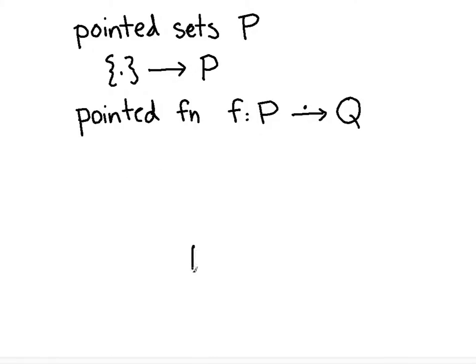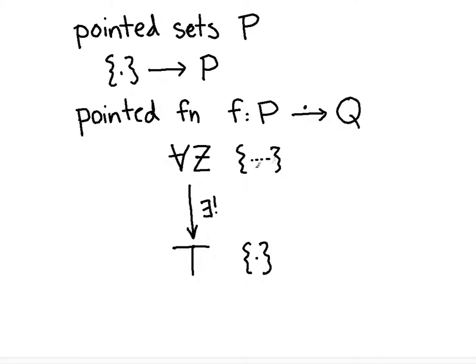So, does this have a terminal object? Well, for every pointed set Z, there has to be a unique function from Z into T. Well, if T is again the one element set, and that's the only thing that could be the special point, well, every set Z is going to have to map to that point.